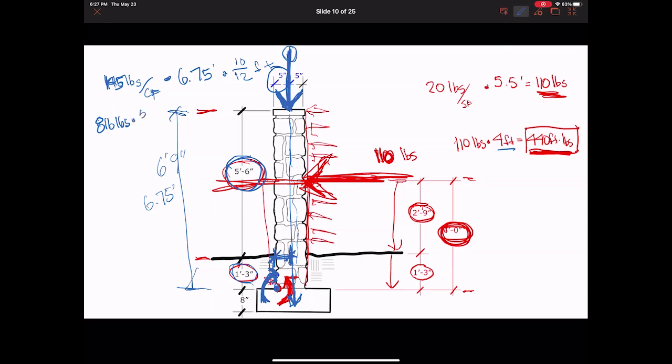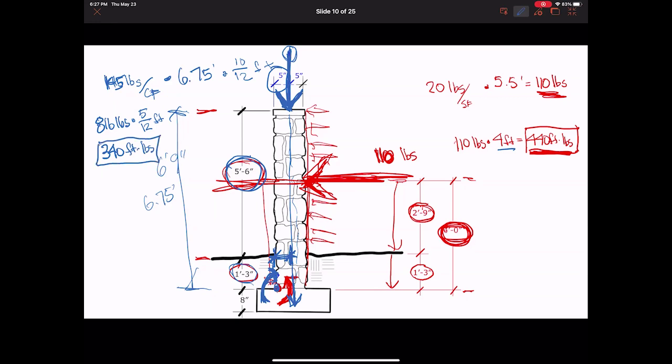So we're going to multiply that by 5 over 12 feet. And when you run that out, you get 340 foot pounds. So that's our blue going the other direction.